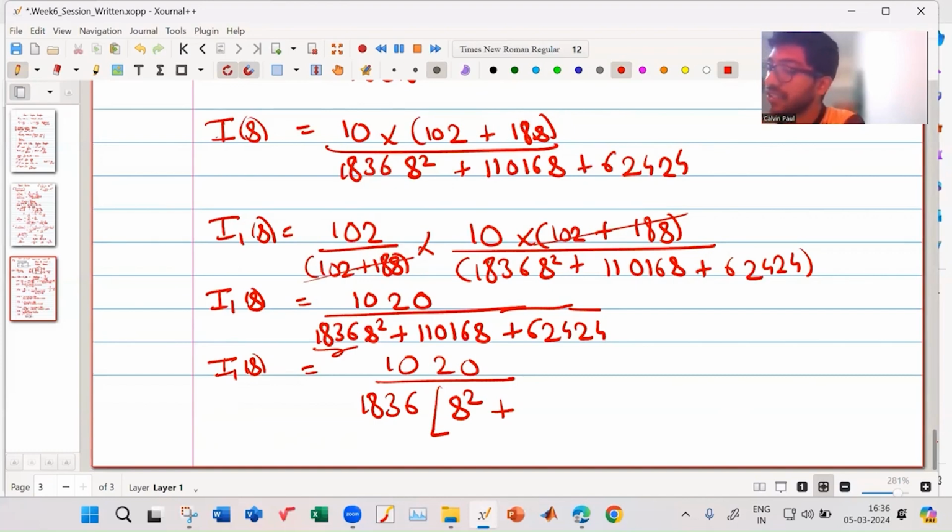We divide 11016 by 1836, which comes out to be 6, so it is S square plus 6S. Then 62424 divided by 1836 becomes 34.